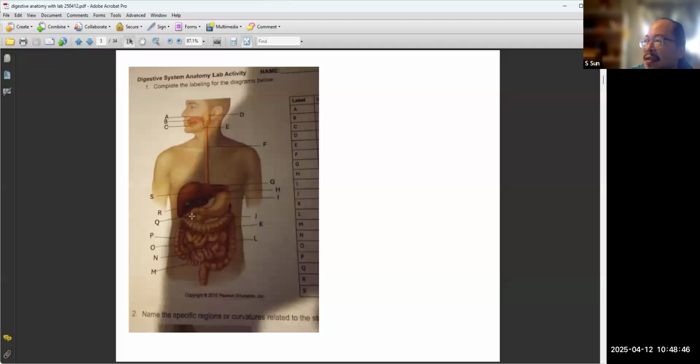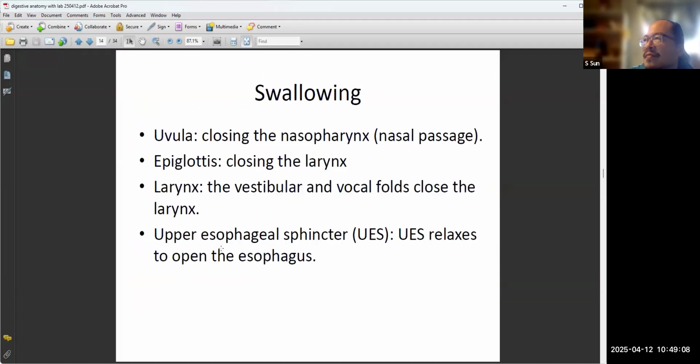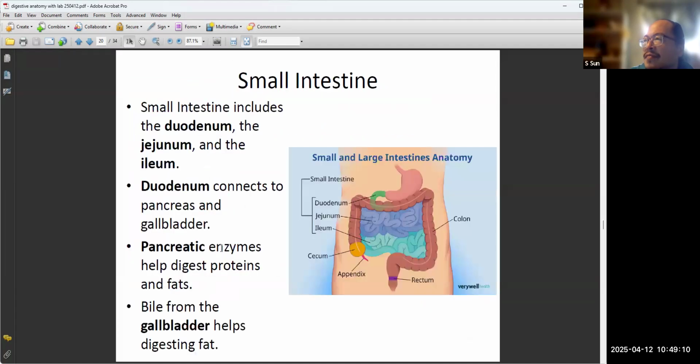So Q, O, N, R. Duodenum, jejunum, ileum. I think that's what it is. Duodenum, I think that's the first one. Let me double check. Duodenum, right here. Duodenum, jejunum, ileum. Yes. So that's the small intestine.